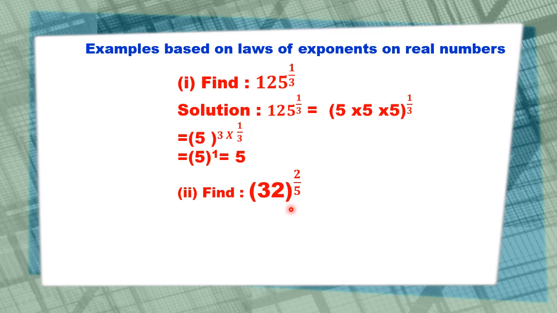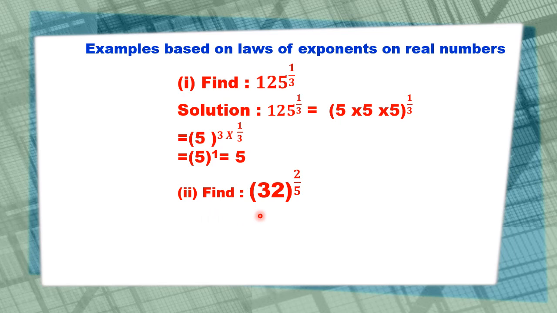Now here's the next example, 32 raised to 2/5. First find the prime factorization of 32. Can you guess what will be this prime factorization? We have to do certain prime factorizations orally when they are simple. It is a simple prime factorization.